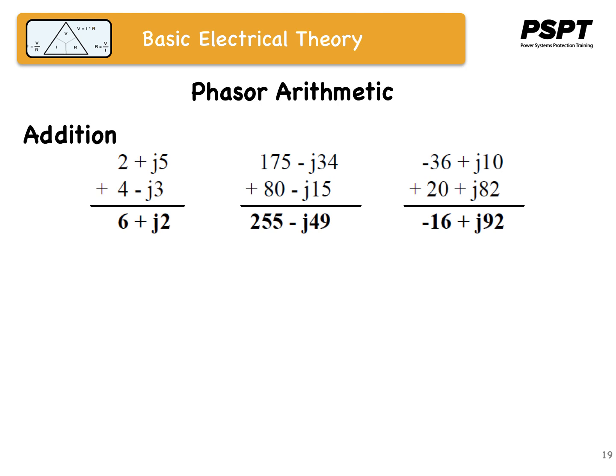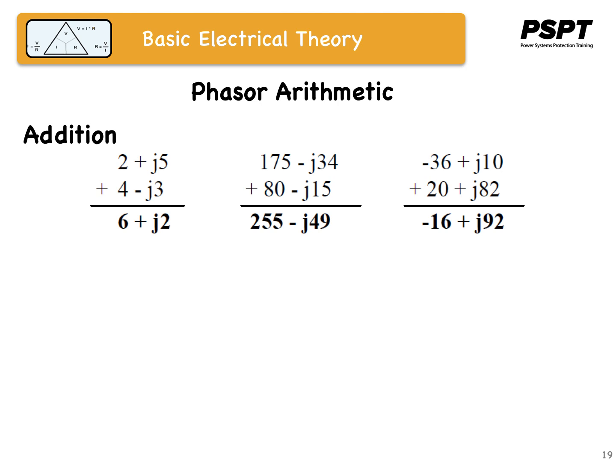For the middle one, you have a phasor 175 minus J34 added to a phasor 80 minus J15. The real components add up to 255, and the imaginary components add up to minus J49.